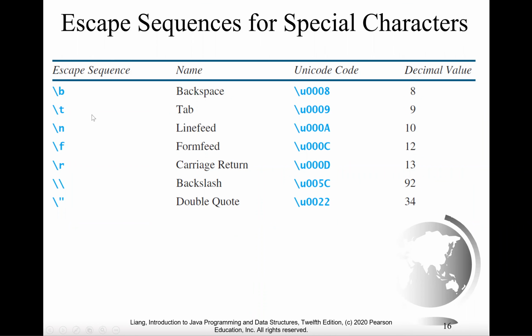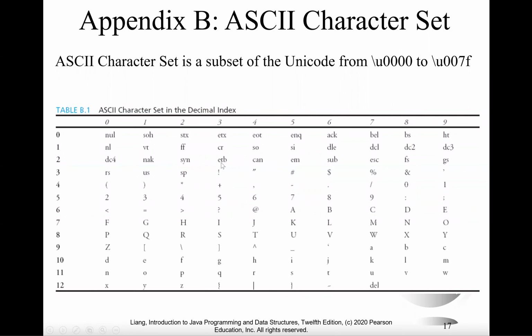Now, some special characters are used for control. These are non-printable characters, but they have special meanings. If you want to print a tab, how do you write it? You use \t for the tab key, or equivalently \u0009.